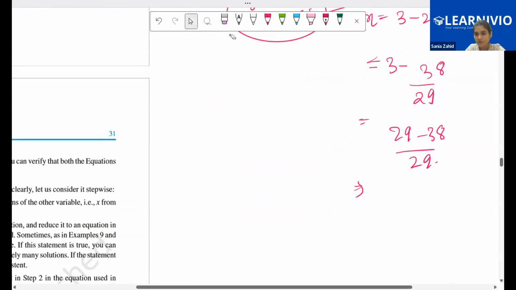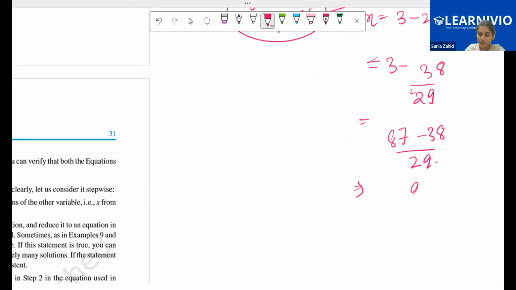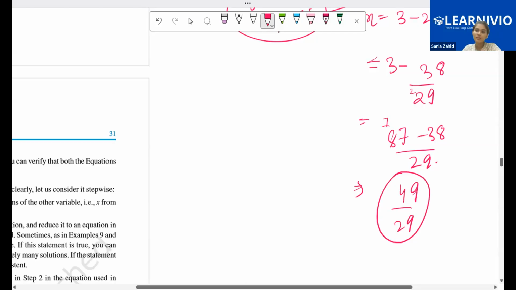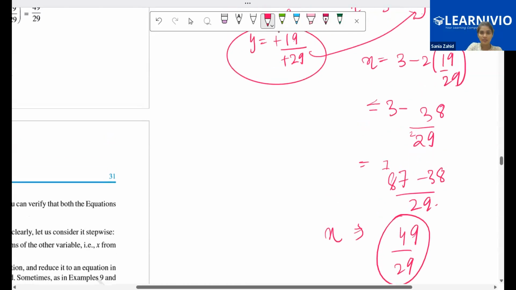No, wait. You have to multiply also with 3. So 87 minus 38, and then you get 49 by 29 over here. So this is the value for x and this is the value for y.